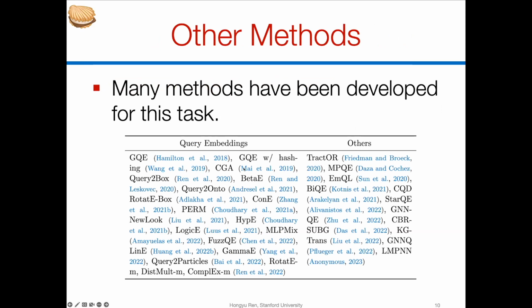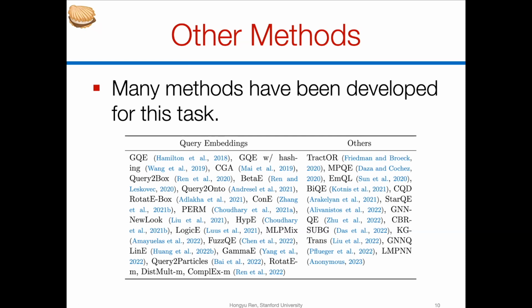And there are multiple existing methods that also develop different geometries using different architectures to solve the problem. And here's an incomplete list of methods for this task. And this includes query embeddings, which follows the same framework that I just described, right? So we traverse the tree-structured query plan and gradually perform this neurosymbolic reasoning and embed the query.